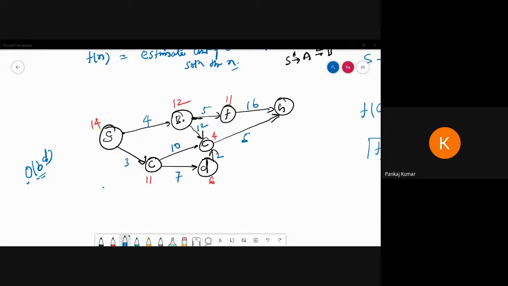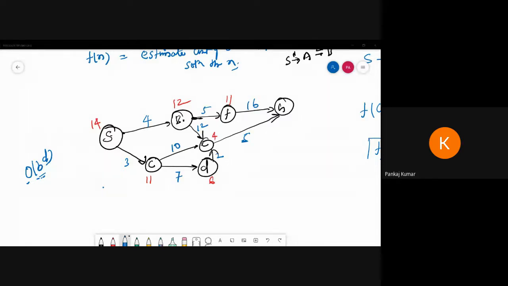Can you apply the A star algorithm? In the examinations they will ask numerical questions from A star, so each and every time you have to calculate this.